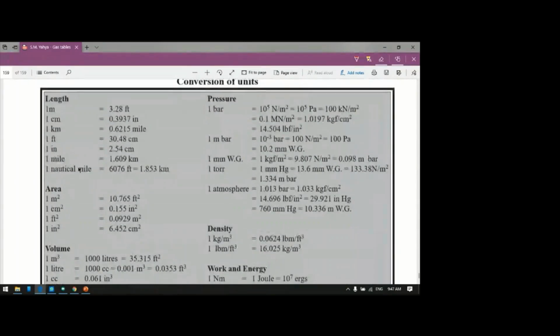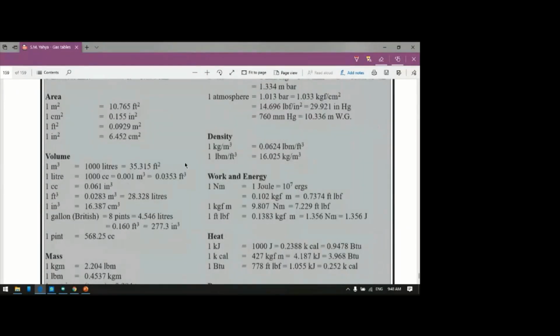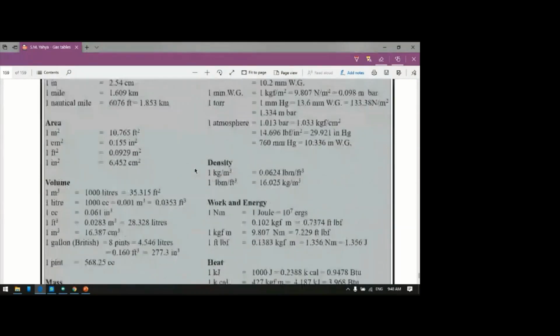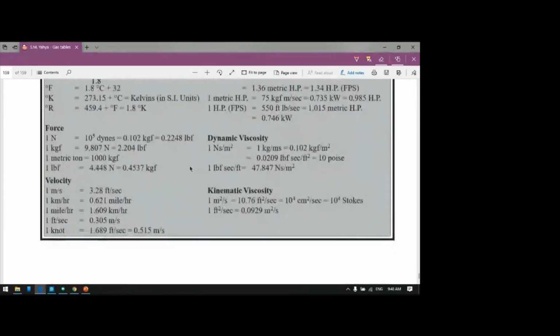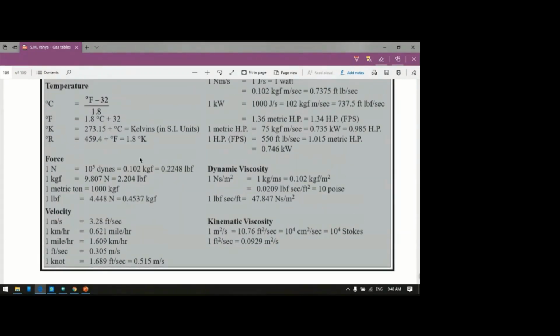Using this you can convert meter per second to feet per second. So all the conversion you can do here. For the class purpose I'm telling, but in the exam there is no British unit. We will ask only the SI unit, meter per second, Kelvin. If you know the Rankine, you can convert it to Kelvin.